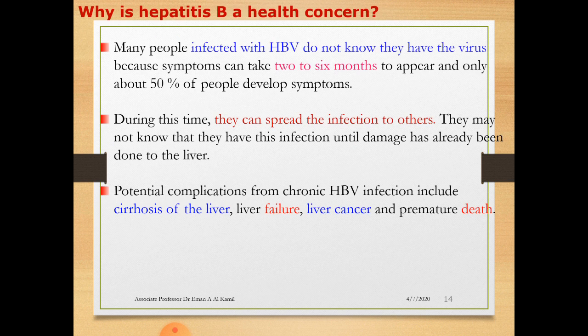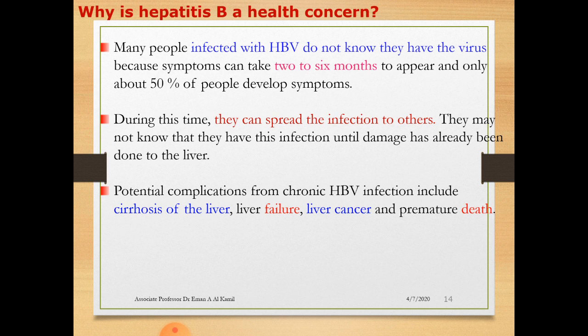Why is hepatitis B a health concern? Many people infected with hepatitis B virus don't know that they have the infection because symptoms can take 2 to 6 months to appear. Only about 50% of people may develop symptoms. During this time, they can transmit or spread the infection to other people.